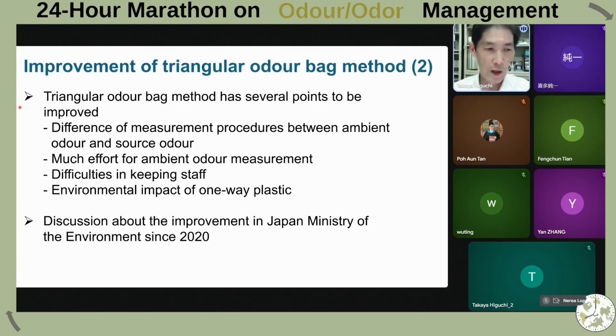So we are continuing the discussion this year, and in the near future, we may be able to introduce a modified triangular odor bag method. Okay, this is the end of my presentation.